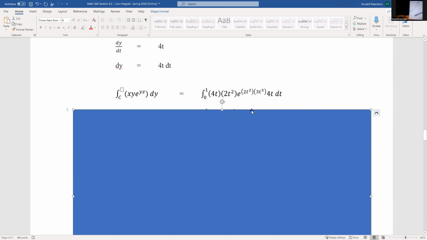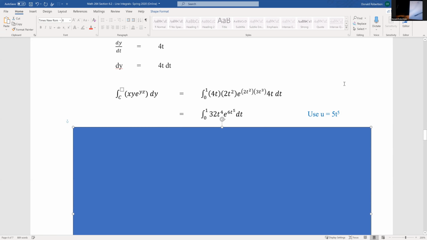a Calc 2 question. Now, I've still got a bit of work to do before I can get the integral. For instance, if you multiply everything together, you get 32t to the 4 e to the power of 6t to the 5 dt. And I wish I hadn't done that, but could you have recognized that that is a u-sub story?